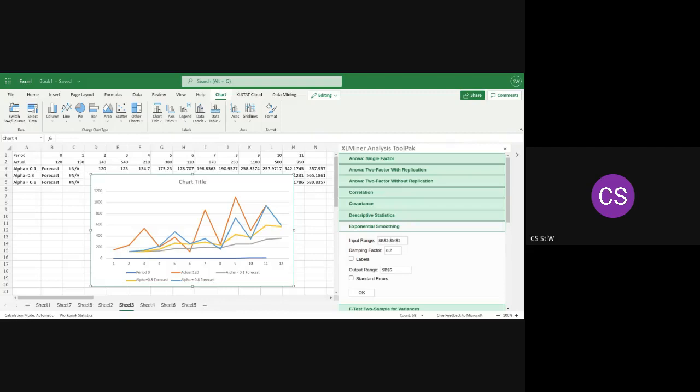So remember, the smaller the alpha, the larger the damping factor, and the larger the alpha, the smaller the damping factor. So 0.8 is blue.